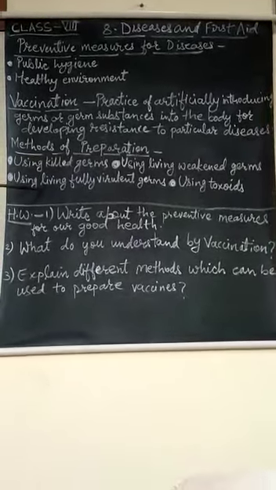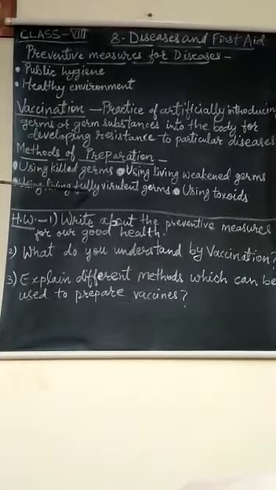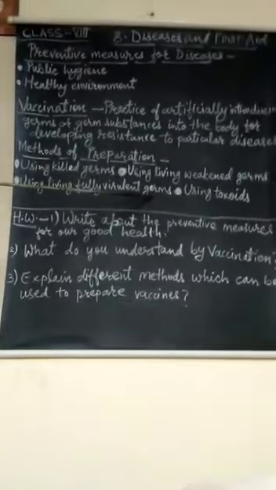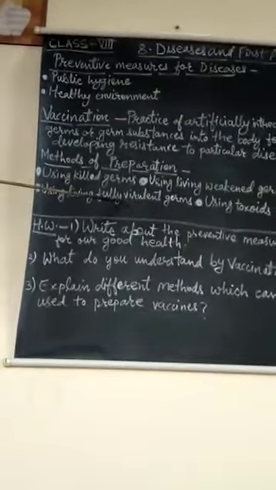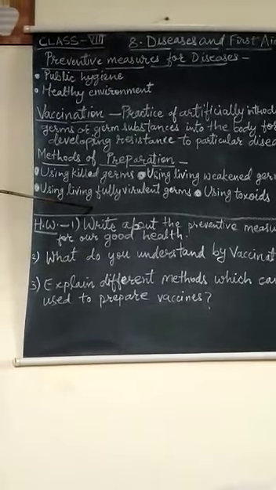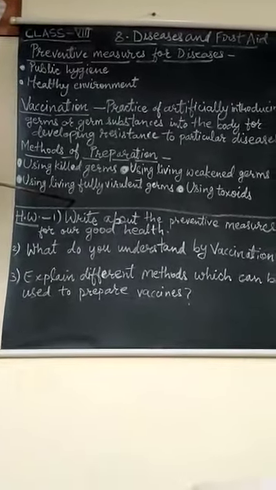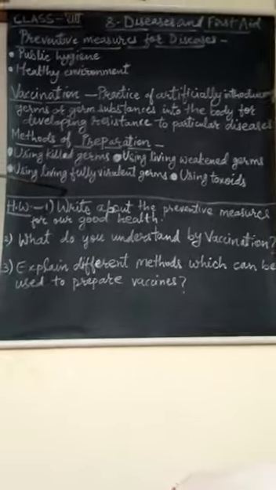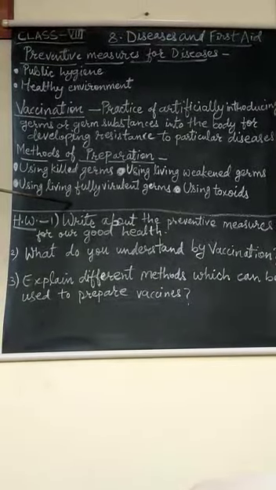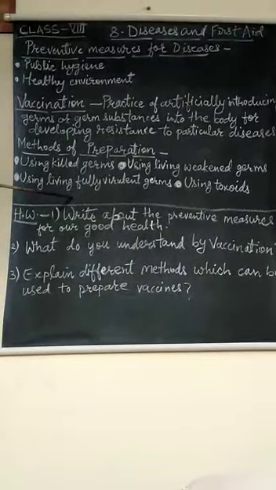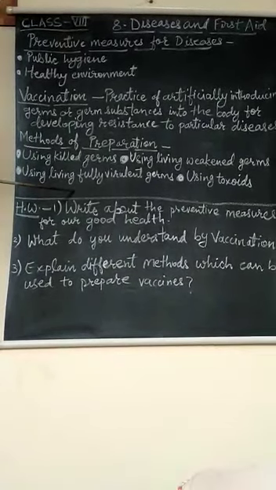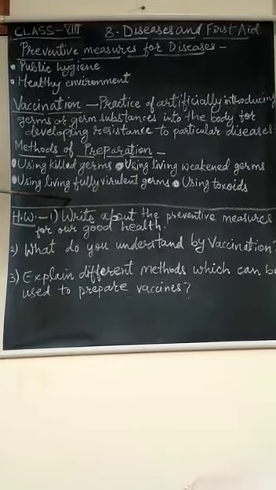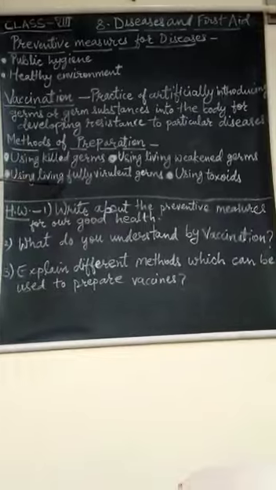Now the third method is using living fully virulent germs. Through this method, smallpox vaccine is prepared. In this case, a person is inoculated with cowpox virus. Inoculated means injected.